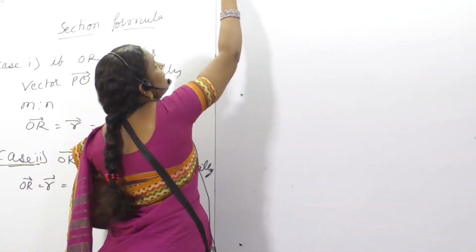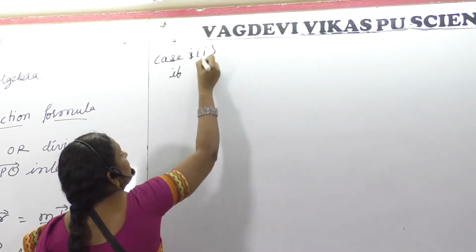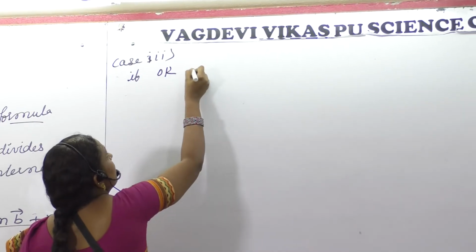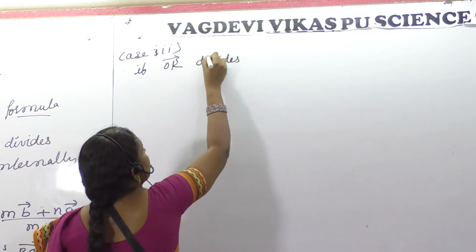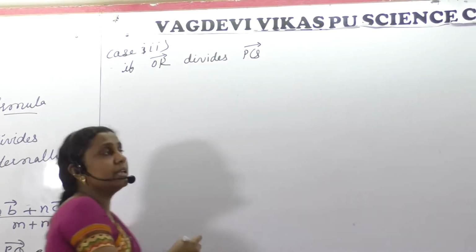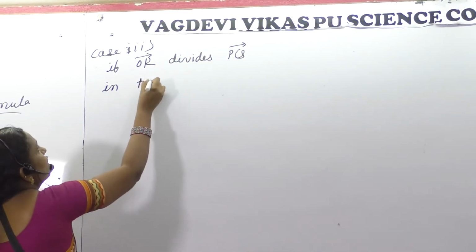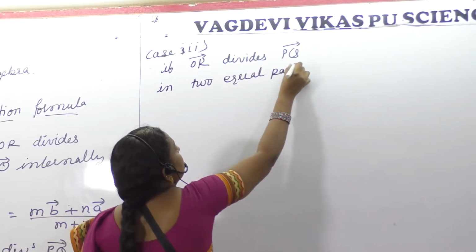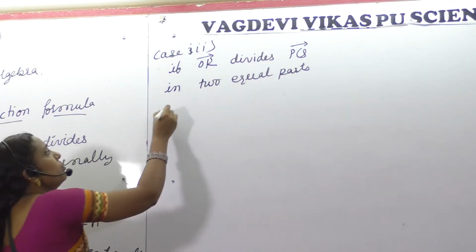If case 3 you can make, if OR vector divides vector PQ in two equal parts, so the midpoint formula you can say midpoint.